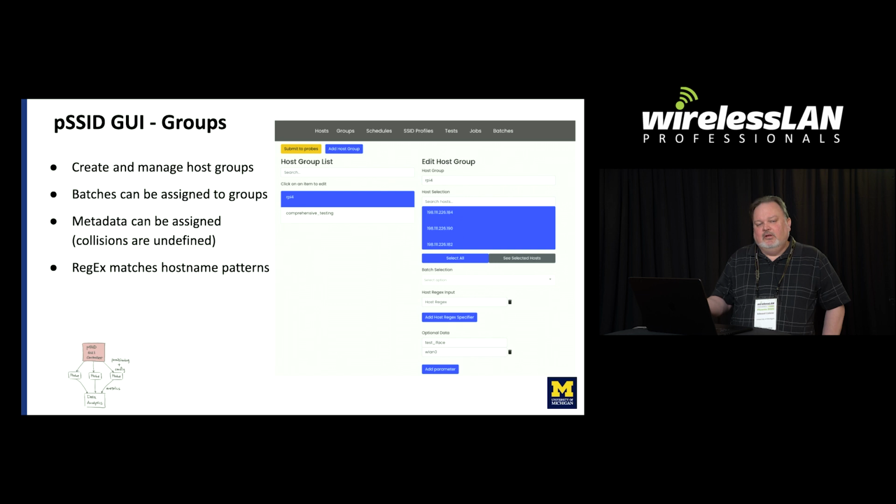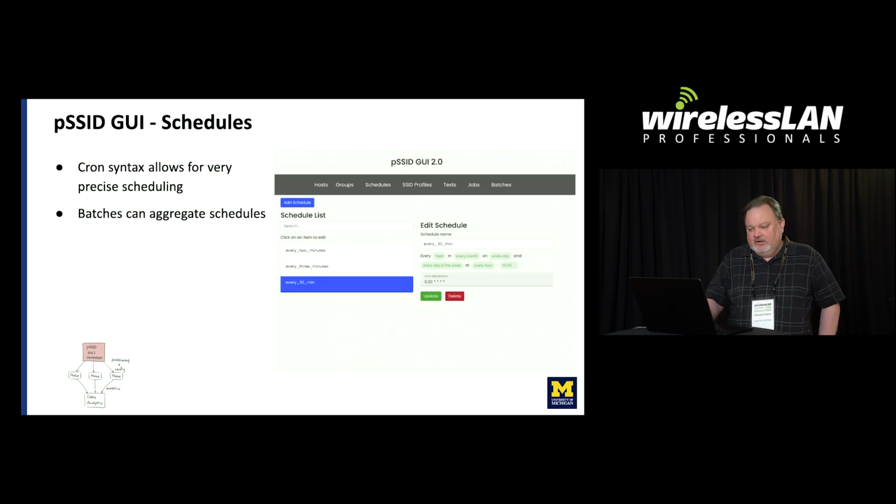Like if you have a certain building or a certain site, you can add all your probes associated with that to that group. And a host can be in multiple groups. So once you do that, you can assign batches not just to the individual hosts like we said before, but you can assign them at the group level as well.